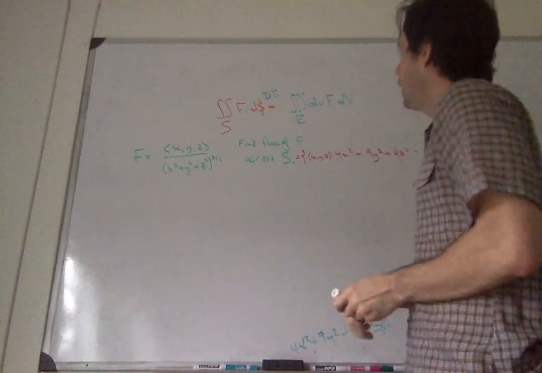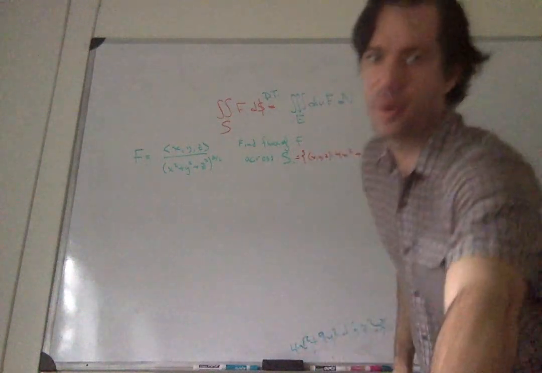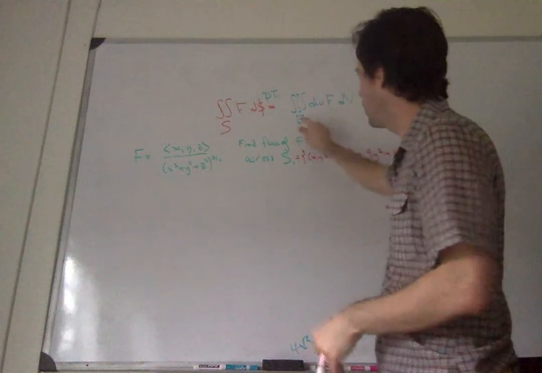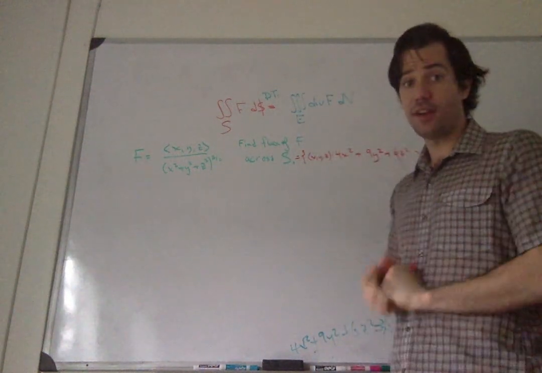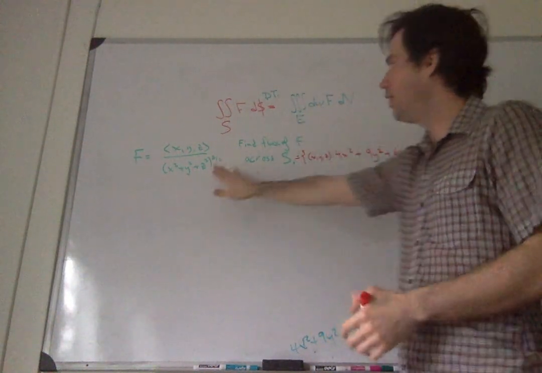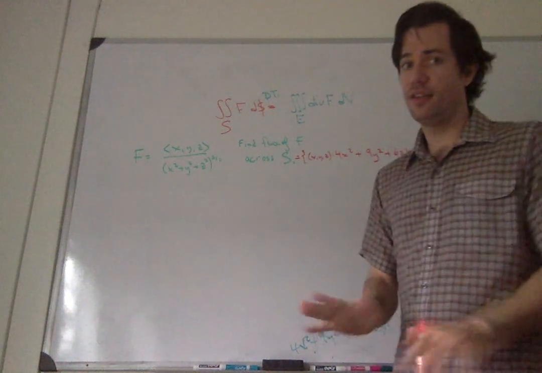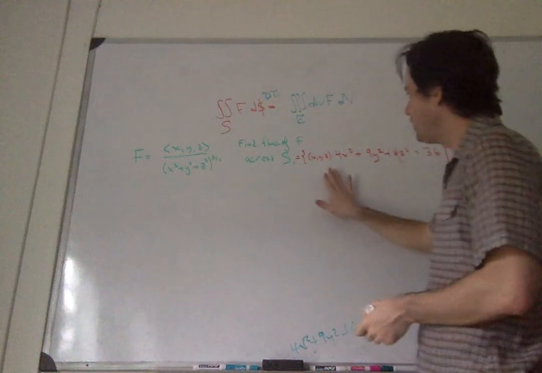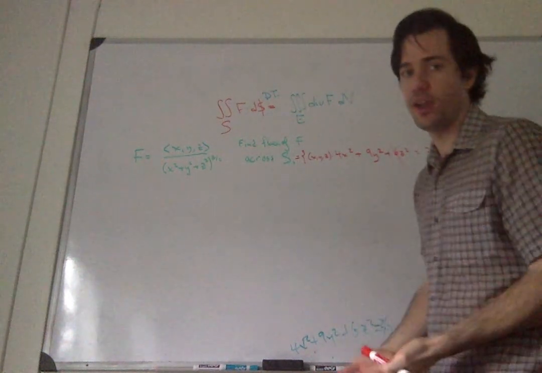Great. Now, it seems like things are more complicated, and they are for the integral. But it's going to turn out that the divergence of this is very, very nice. So what is E? Well, E is the entire ellipsoid, okay?